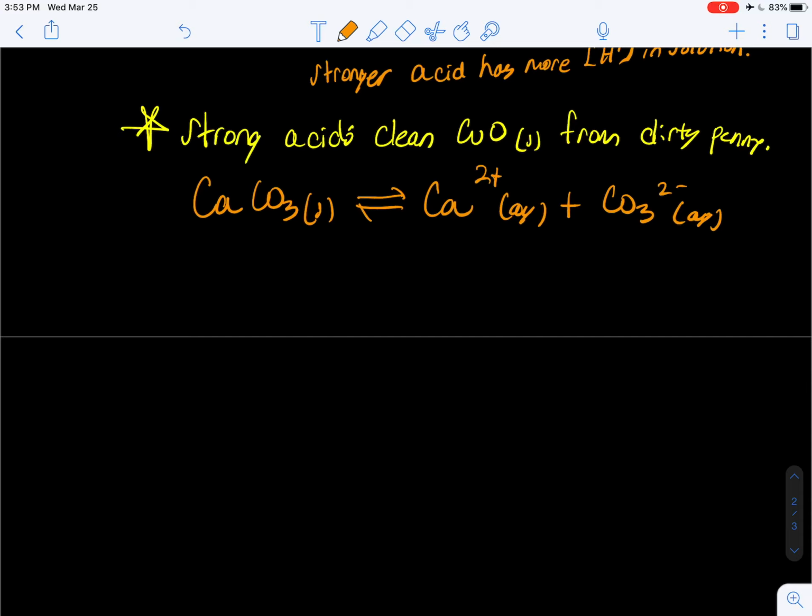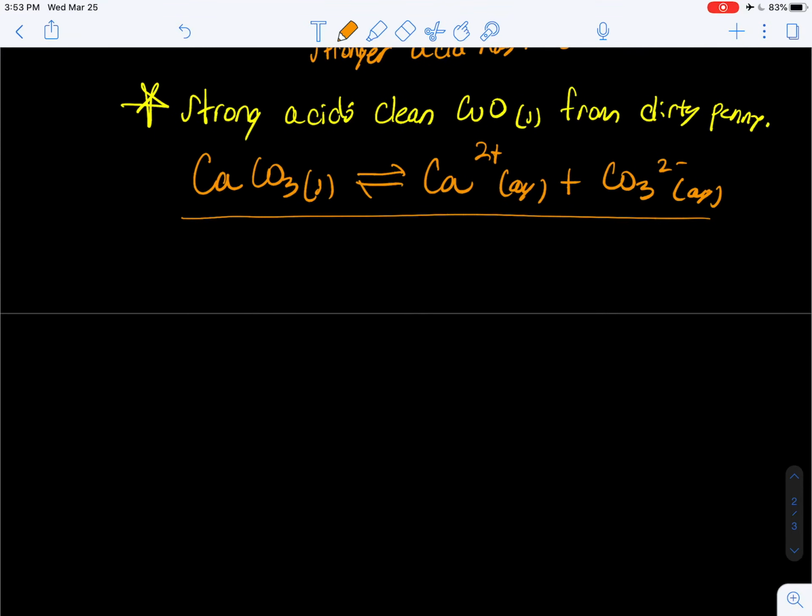Okay? And so how can we cause this reaction to shift to the right? You might be thinking, well, we need to decrease the concentration of calcium ion, or we need to decrease the carbonate. Okay, and that's what we want to do. We want to lower the carbonate concentration to shift this to the right.